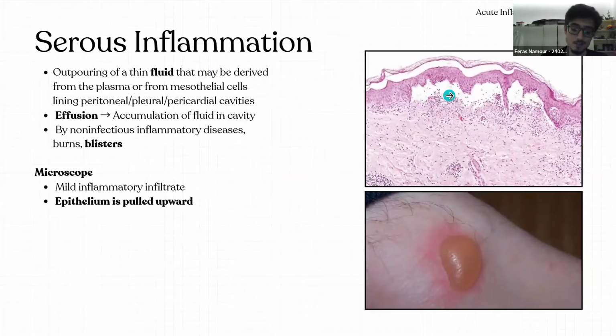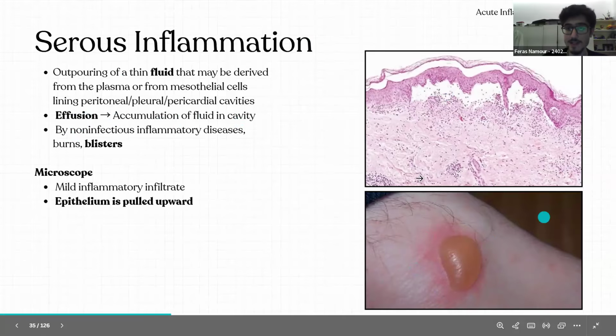And it's going to do this layer of fluid underneath my epithelium. So it's going to lift up my entire epithelium, and fluid is going to fill up this newly made cavity. So there's going to be effusion, because effusion means accumulation of fluid in a cavity. And this is what we see in, for example, pleural effusion, pericardial effusion, and so on, and in blisters as well. So over here, I have a blister, and this is the microscopic view on it.